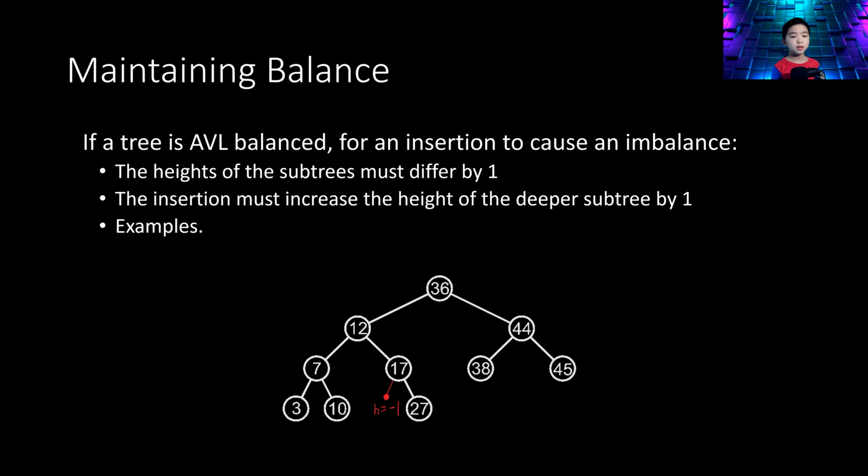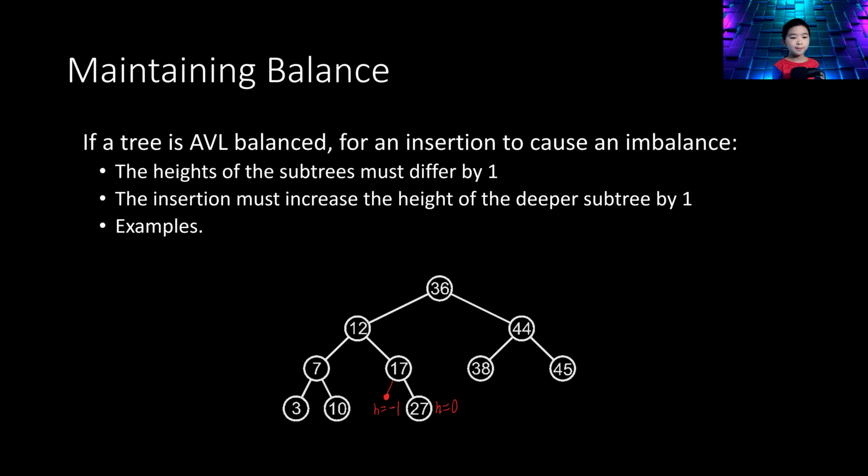But we notice at the node 17, its left subtree is empty, so the height of its left subtree is -1. And its right subtree contains only a single node, thus the height of the right subtree is 0. So we know the height difference between the left and right subtree is 1.